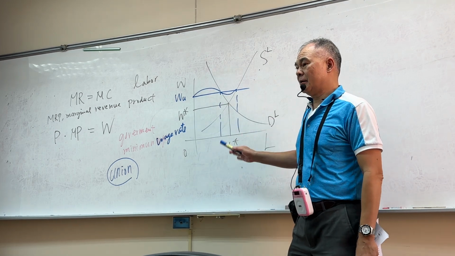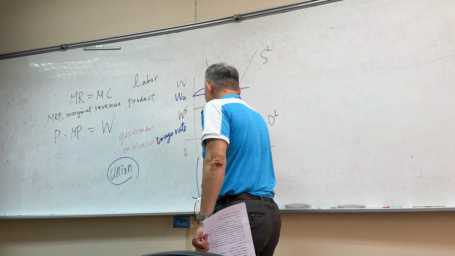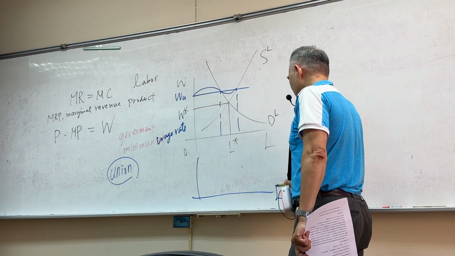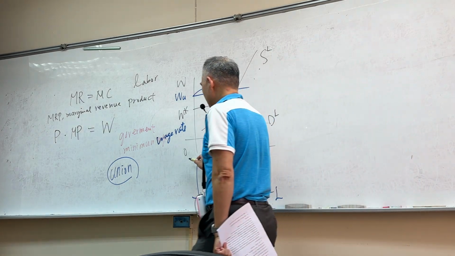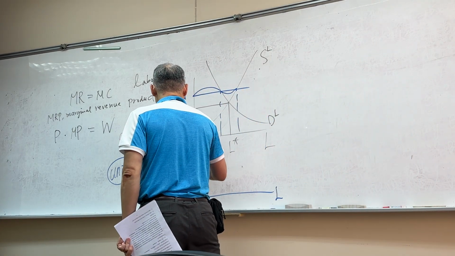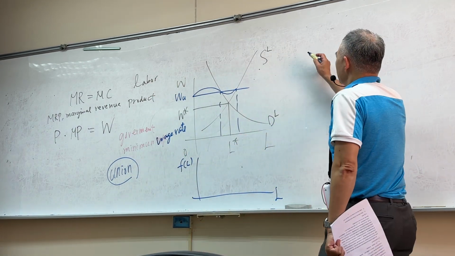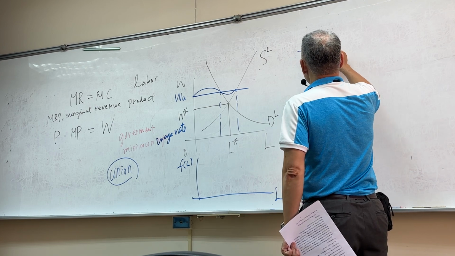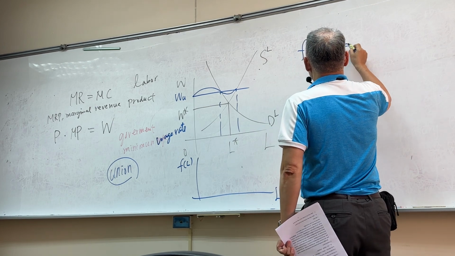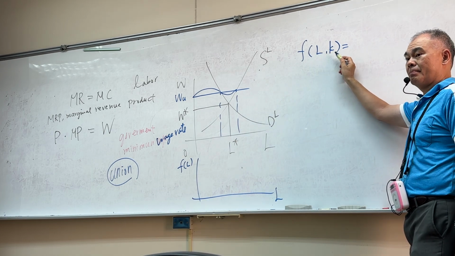Okay, and let us look down here. Suppose here is labor, and here is output, F of labor, okay? So let me simplify a little bit. Originally we say the production function is a function of labor and capital, right?